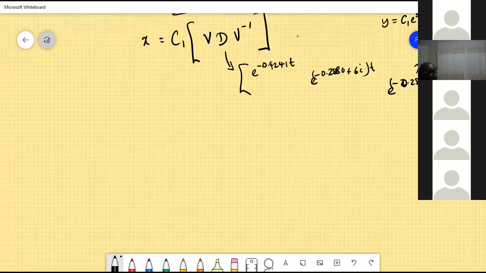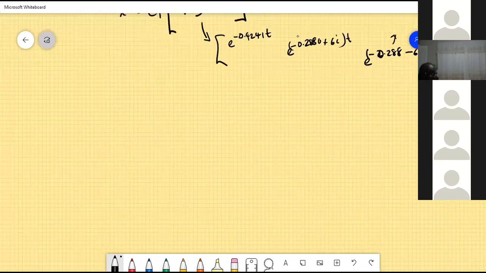But let me deal with the other way in which we sort this out. I'm going to give a general solution and then we're going to do it.